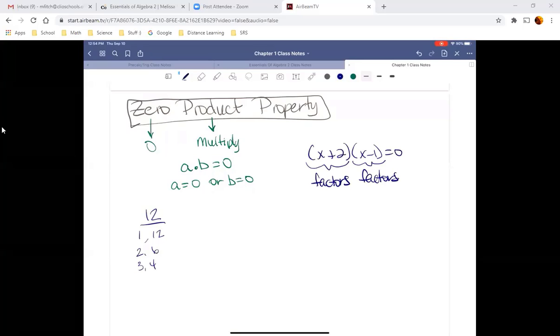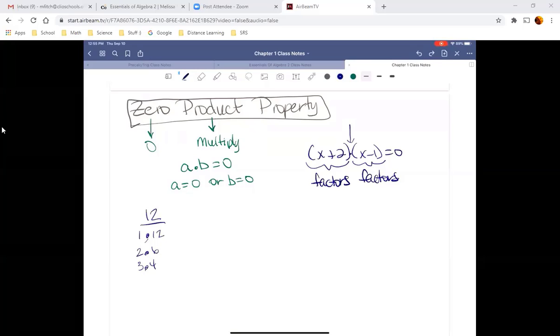Factors are the things that you multiplied by in order to get there. So the zero product property says that when you're multiplying these factors and it equals 0, one or the other is 0. What are you doing to these two things in parentheses?